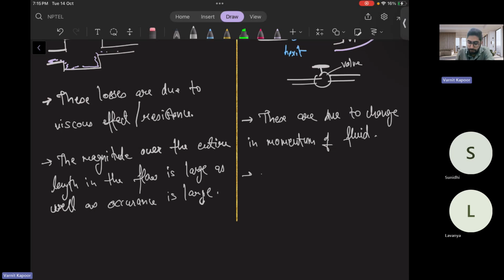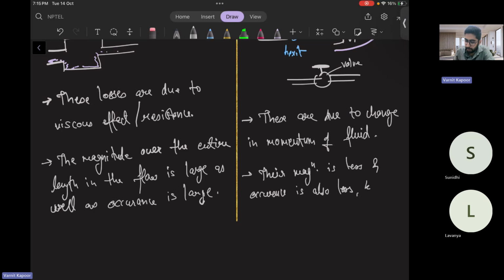Their magnitude is less, and occurrence is also less.